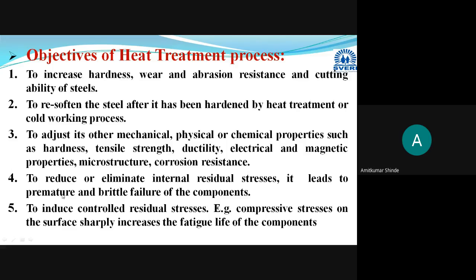The next objective of performing heat treatment is to reduce or eliminate the internal residual stresses. Whenever we perform some operations or manufacture certain components, there may be some internal stresses in that component. Whenever internal stresses are there, the component may fail during actual use.